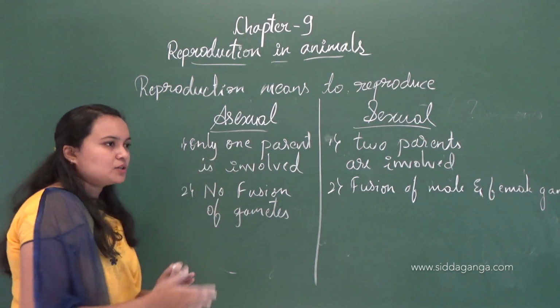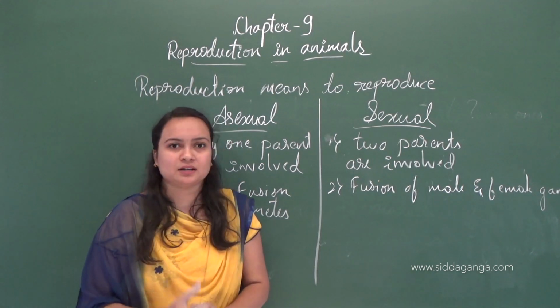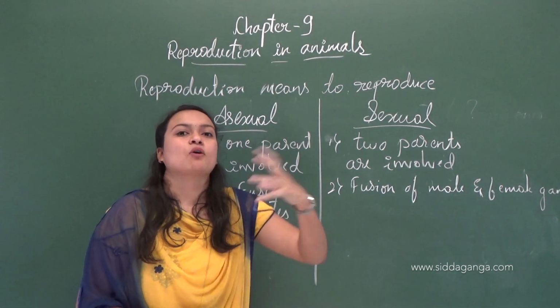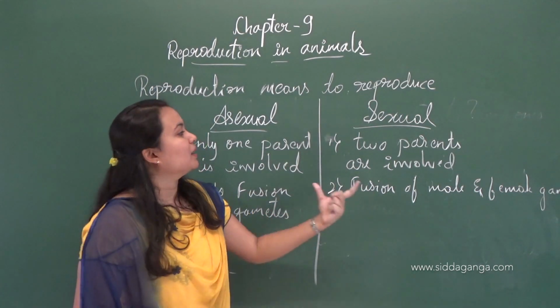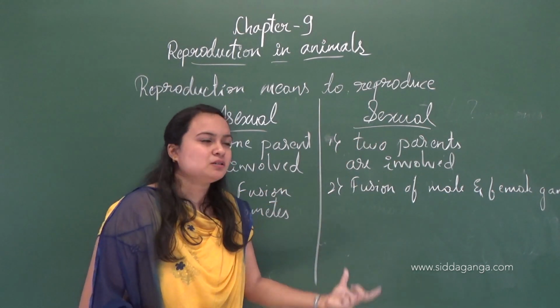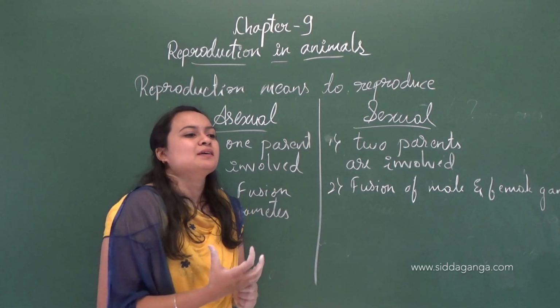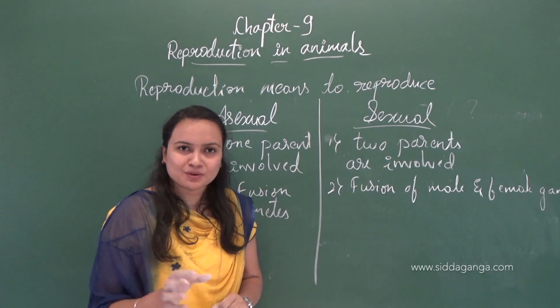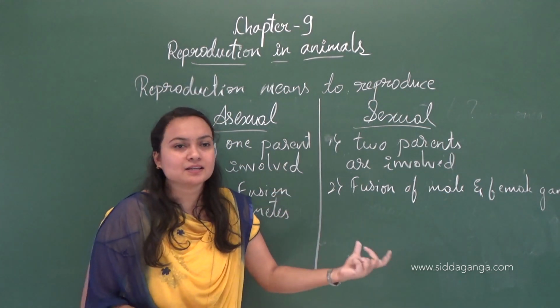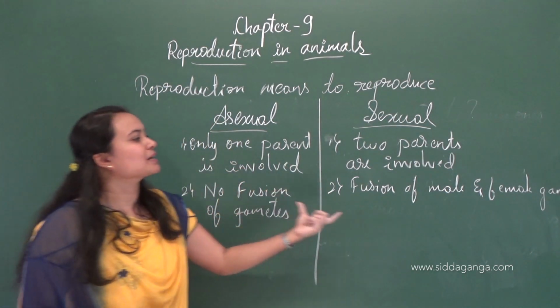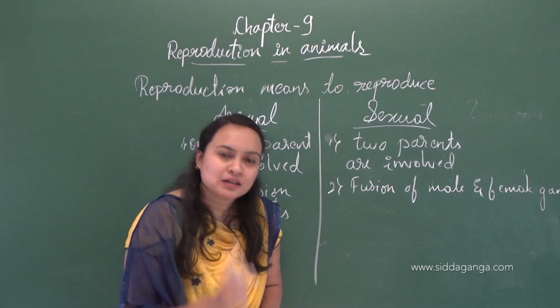Since there is only one parent involved in asexual reproduction, the offspring will be very similar. But in sexual reproduction the offspring will be somewhat different. They will be similar, but the similarity is more in asexual and less in sexual.